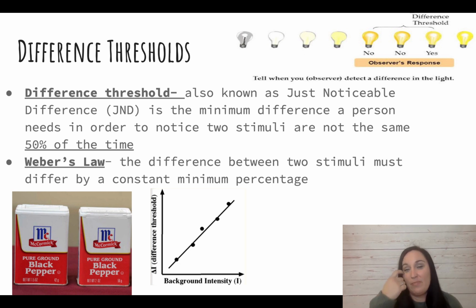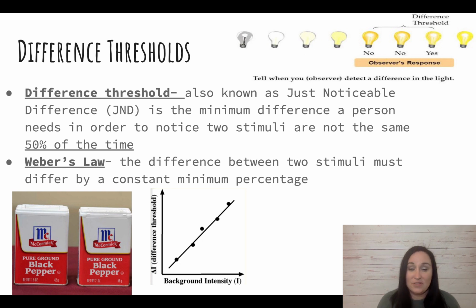So if you look at the light bulbs up at the top, you might not be able to notice a difference between the first one that says no and the second one that says no. So that means it has not met your difference threshold. If you can look at the first one that says no and then the one that says yes and notice a difference, then that is where it has met your difference threshold.